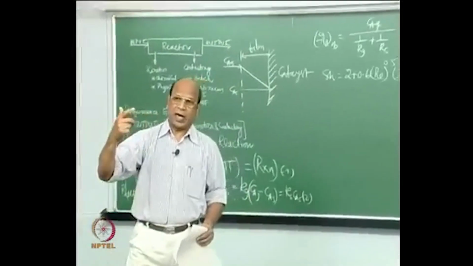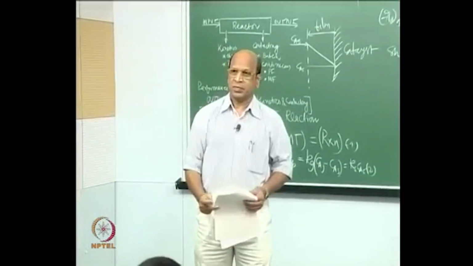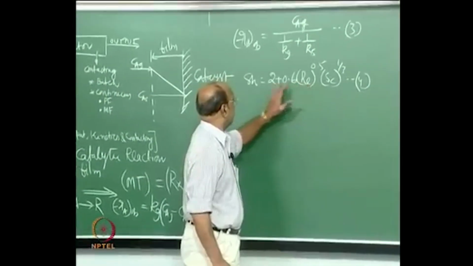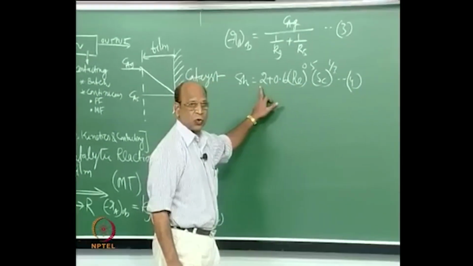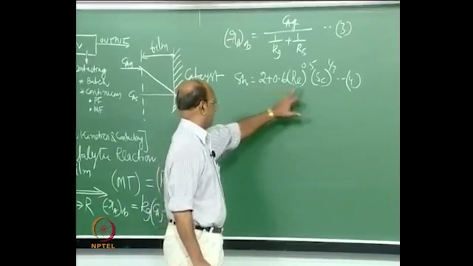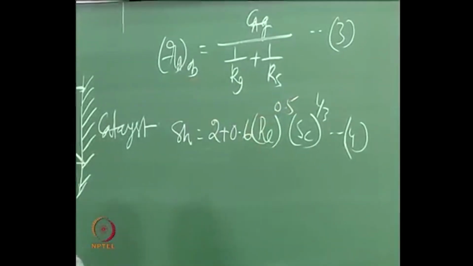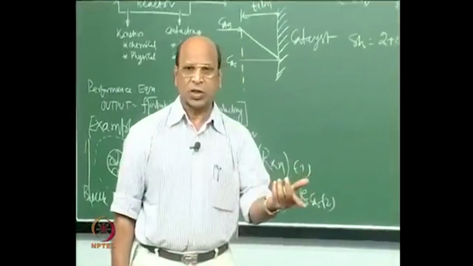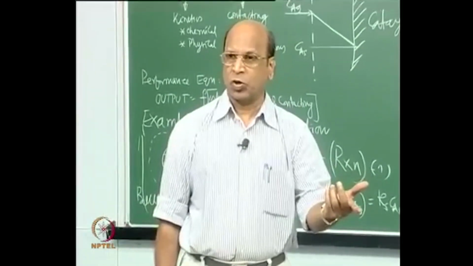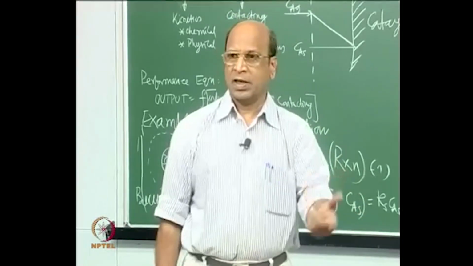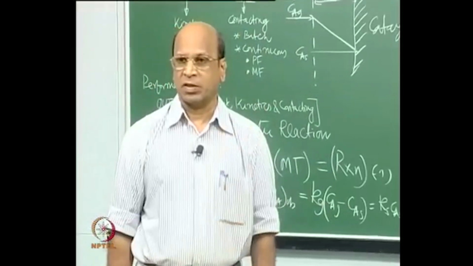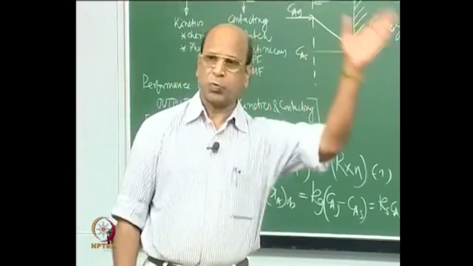Now imagine I have a very small particle, then I can neglect this term when compared to this 2. That means the Reynolds number is small because of the size. Maybe I am using 1 micron particles, and catalysts are used as 1 micron particles also in fluidized beds, and even in FCC they use around 100 micron particles, because they have to transport out and all that.